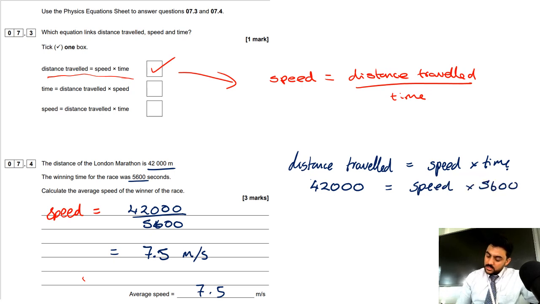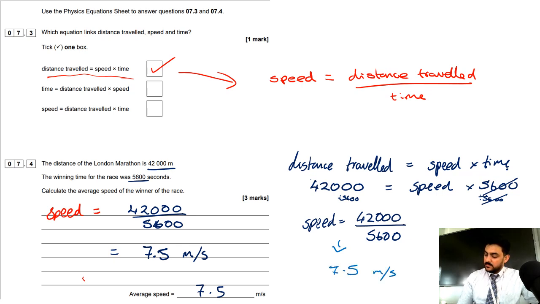To make speed the subject, I have to divide by 5,600 on this side, and therefore divide by 5,600 on this side, and these cancel out, and then speed is equal to 42,000 divided by 5,600. Look at that, and that gets you the same answer, which is 7.5 meters per second.